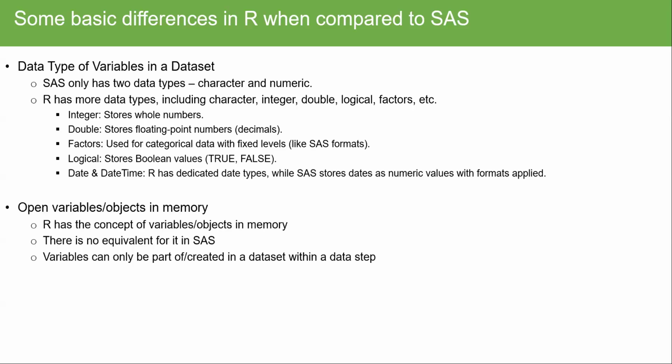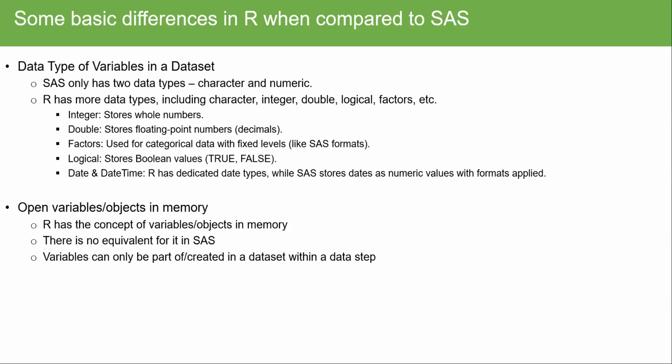And we have a concept of variables or objects in memory in R, but we do not have an equivalent of it in SAS. Variables can only be created within a data set, within a data step in SAS, but we can create variables and other objects in memory in R. We'll see these things on a need basis, and I'll touch upon whether we are creating a variable in memory or storing a variable as part of a data set.